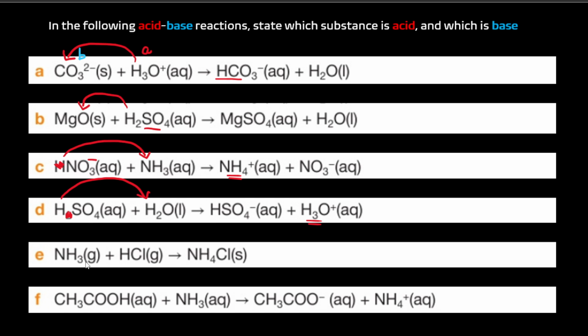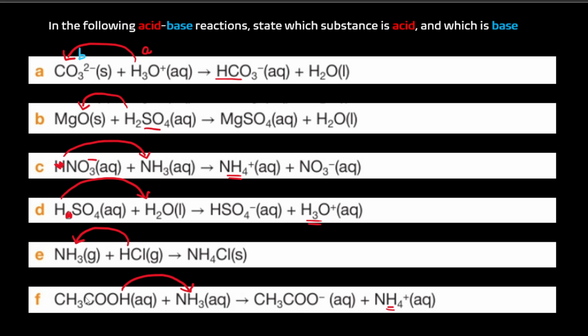Now in the reaction between NH3 and HCl, HCl is an acid because it donated one hydrogen ion or proton to NH3. In the reaction between ethanoic acid, CH3COOH, and NH3, this time CH3COOH is an acid because it donated one hydrogen ion or proton to NH3 in order to become NH4 plus.